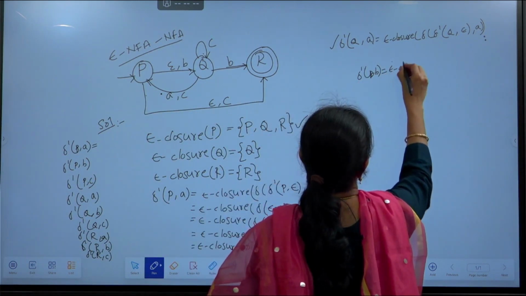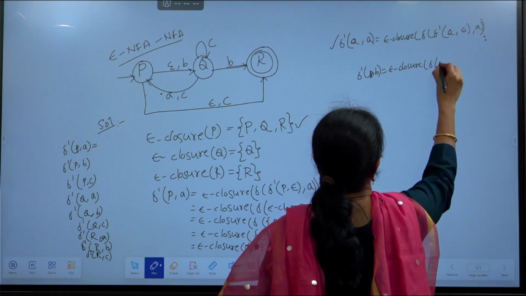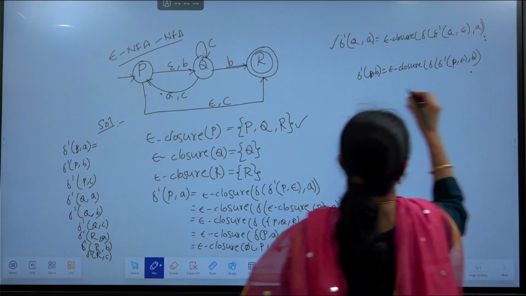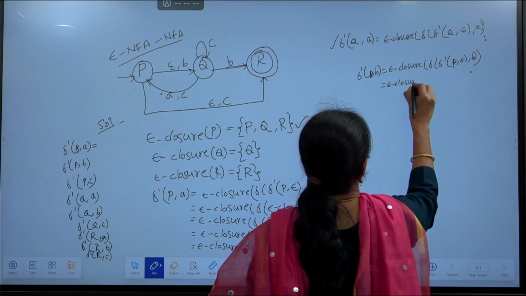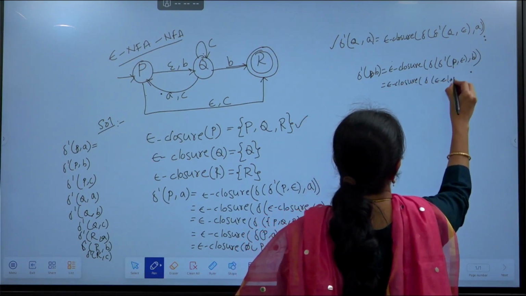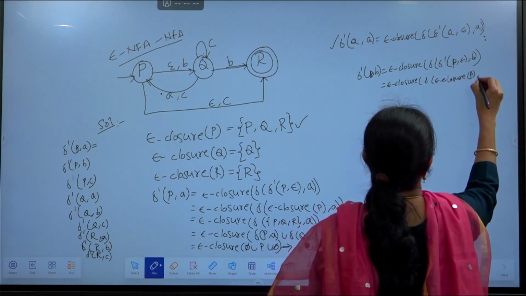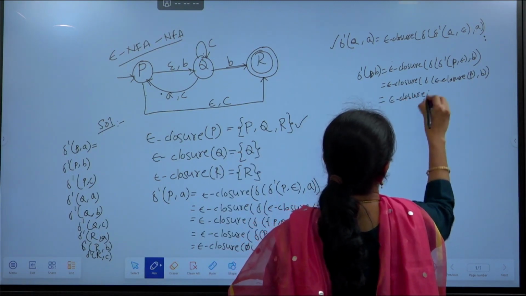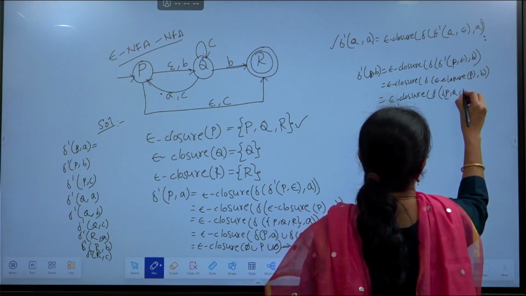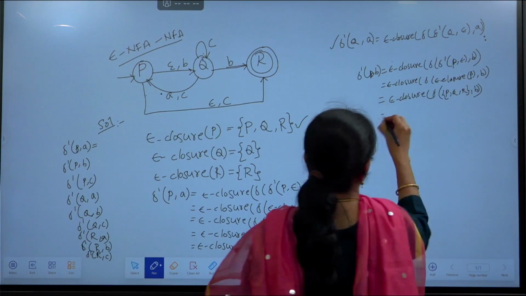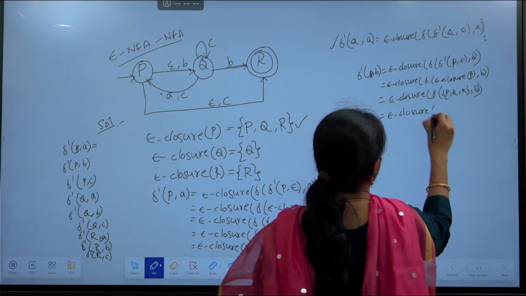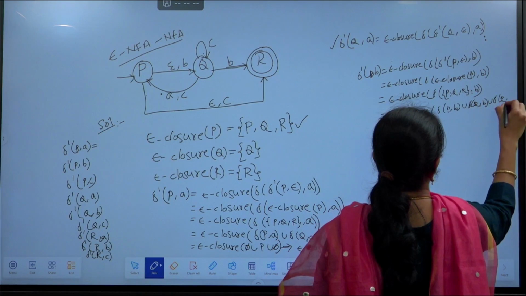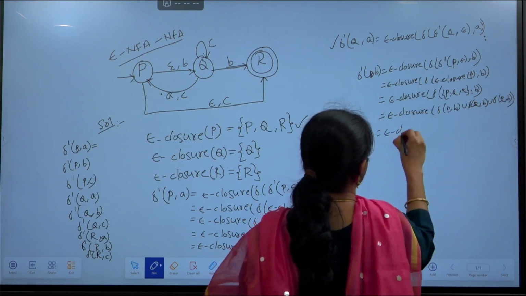So write down the formula for epsilon closure of delta dash of P comma epsilon comma B. That means epsilon closure of delta of epsilon closure of P comma B. Epsilon closure of P, we know, is P comma Q comma R. So just apply delta of P comma Q comma R on input alphabet B. Epsilon closure of delta of P comma B union delta of Q comma B union delta of R comma B. That means we will check the direct transition.